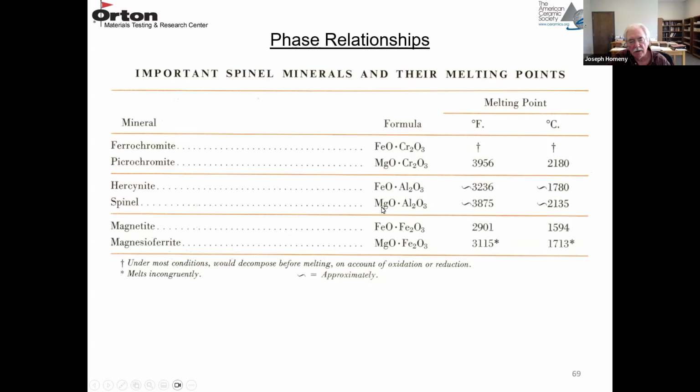It is a mineral spinel, which we'll talk about later today. MgOAl2O3 is 2135. But this spinel, FeO Fe2O3, is only 1594. And the MgO Fe2O3 is a little bit higher, 1713. So this spinel with FeO is low melting.